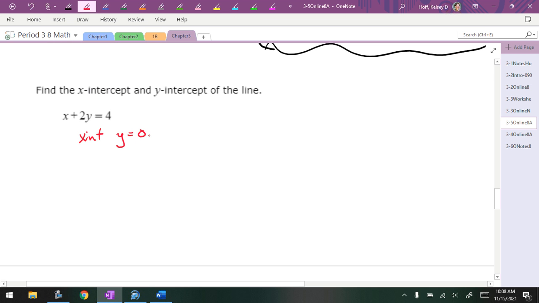So take your equation and put in 0 for y. So instead of x plus 2y equals 4, I would have x plus 2(0) equals 4. Everybody follow what I did there? Now, 2 times 0 is 0. So really that cancels out: x equals 4. What's my x-intercept? 4.